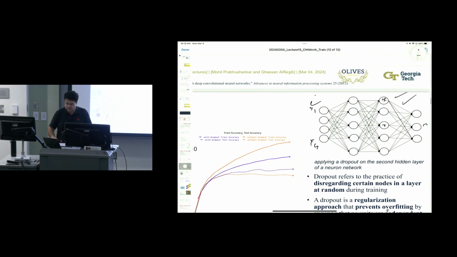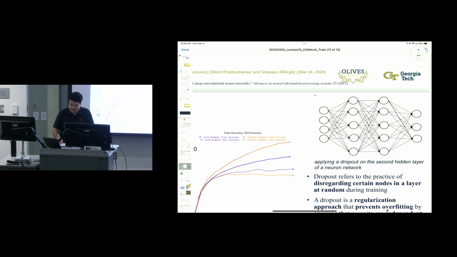Again, this would have been much easier if I had this video. Let me try to explain without the video itself. What happens is that you're disconnecting each element within the neuron, right? So think of it as our goal is to avoid memorization.